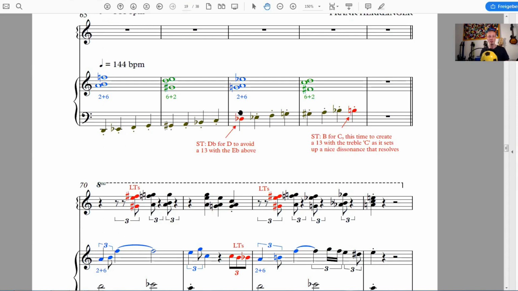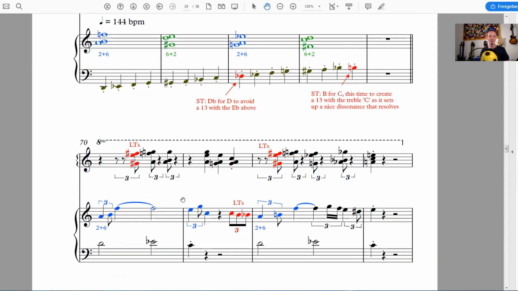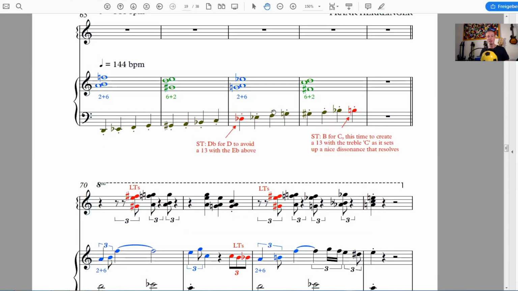In this case, I created a 13, the B against the note C up here, because that is a great little rub that resolves itself in the next bar. Normally I would avoid 13s, but in this case, I like it.